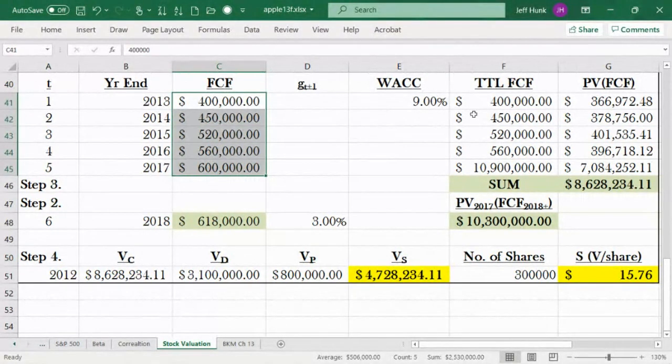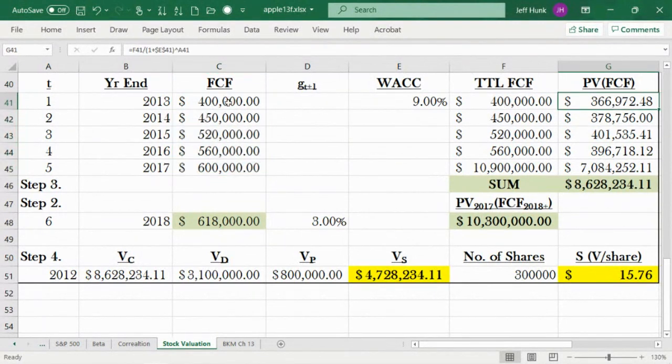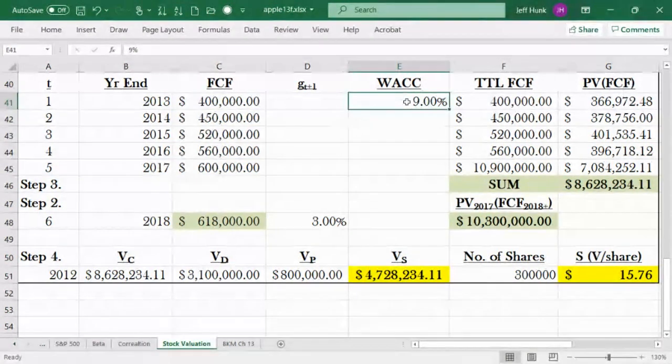So all we need to do is find the present value of these free cash flows, using the weighted average cost of capital, which they already gave. Usually, in a more complex problem, they won't give you weighted average cost of capital. They will make you calculate it.